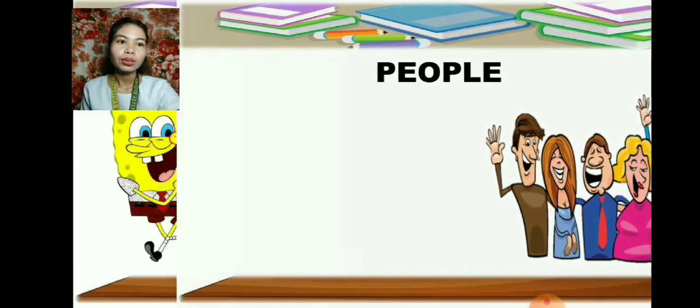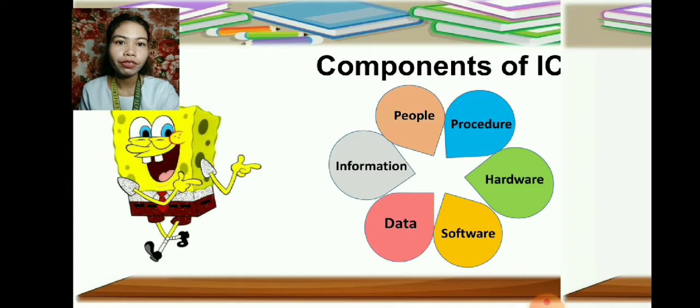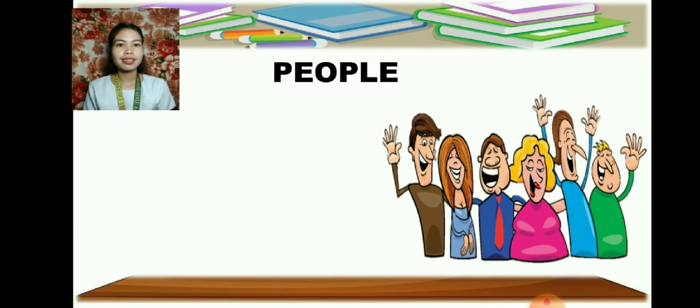Sorry, these are the components of ICT. ICT has six components, namely people, procedure, hardware, software, data, and information. Now I will discuss the definition of each component. Let's start with the first component, which is people.